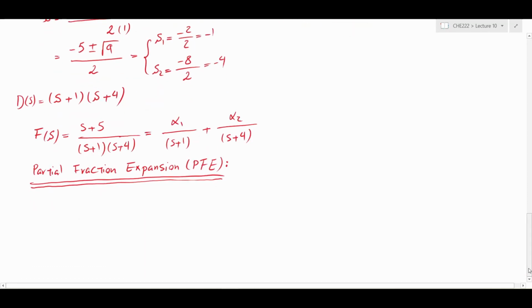And this is quite simple. To find alpha 1, all we do, and let me call this the left hand side, so this is technically the left hand side of this expression. To find alpha 1, we have to multiply the left hand side of the equation by the denominator that corresponds to alpha 1. So in this case, it is s plus 1. So if we do the multiplication, s plus 1 will be cancelled out from the denominator of this rational function.